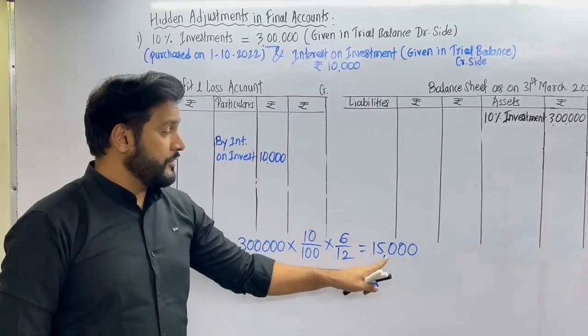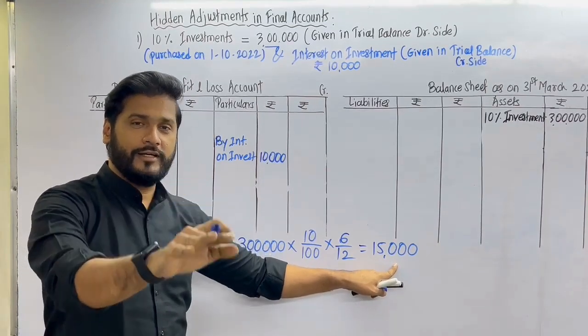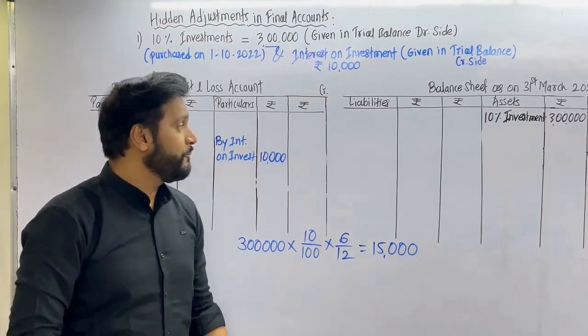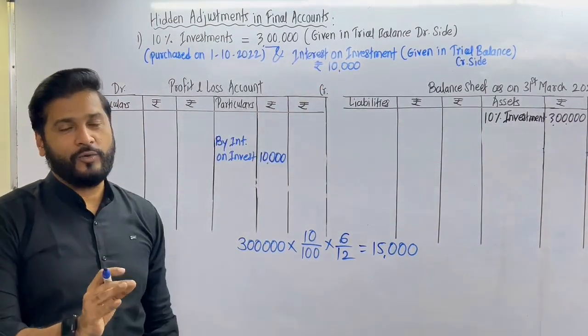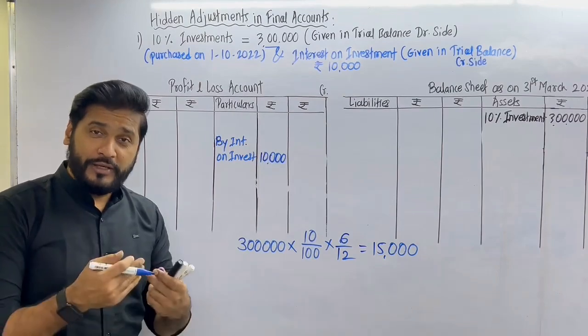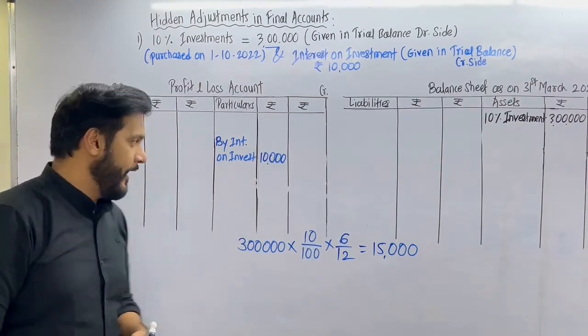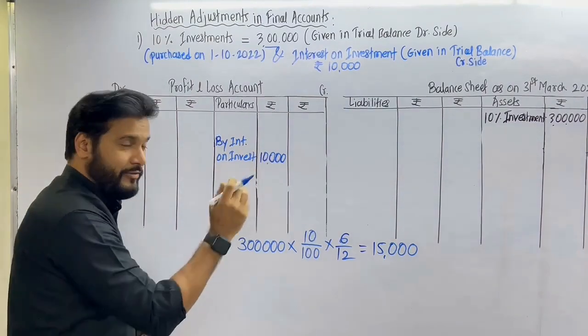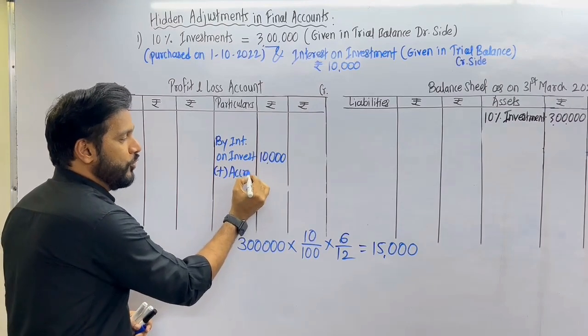This 15,000 is the amount of interest which you should receive. But how much did you receive? Only 10,000 during the year, which means 5,000 is still receivable. 10,000 received and 5,000 is accrued.